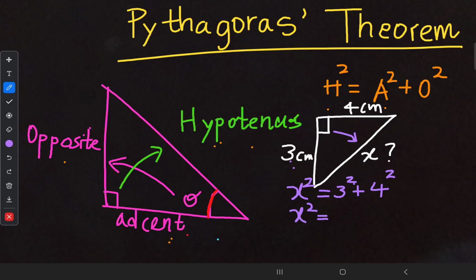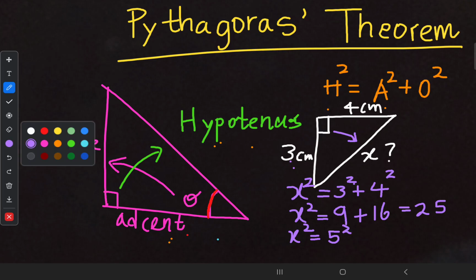Let's expand this: 3 square is 9, 4 square is 16, so it becomes 25. But 25 is also a square number. So we can write x square equals 25, and 25 can be written as 5 square. So x square equals 5 square.